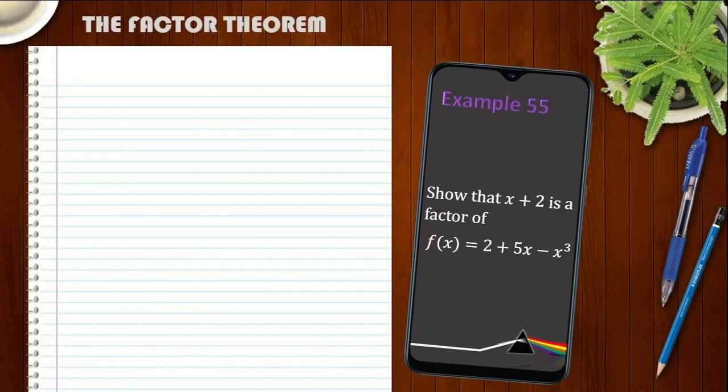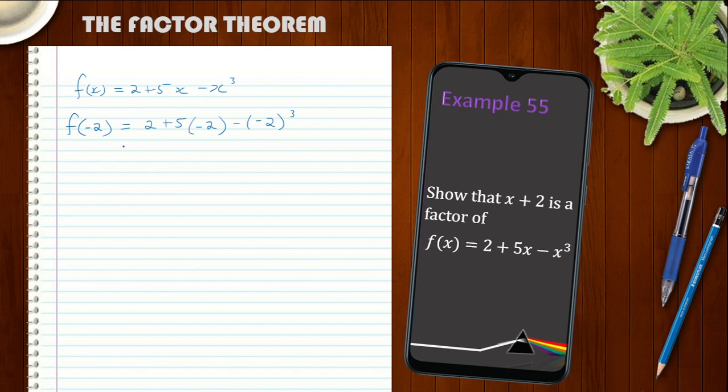Now example 55, we need to show that x plus 2 is a factor of this polynomial here. Basically all we need to do is take our polynomial, f(x) equals 2 plus 5x minus x cubed, and substitute in minus 2. So 2 plus 5 times minus 2 minus negative 2 cubed.